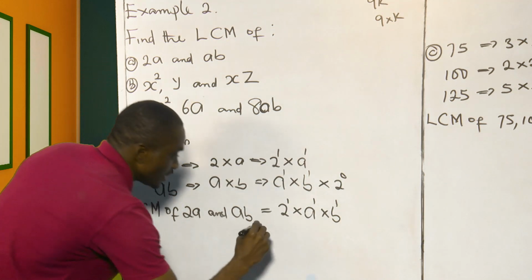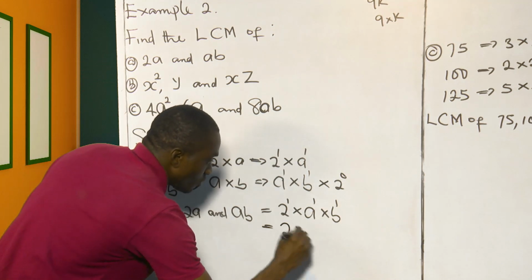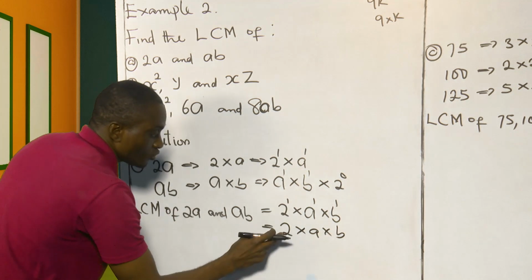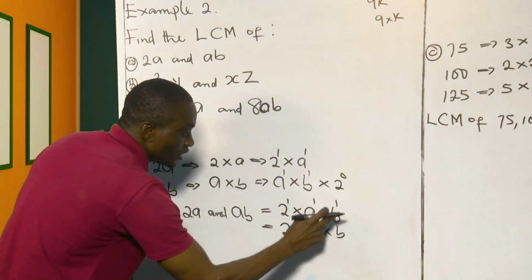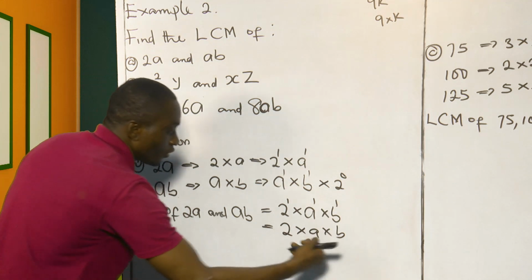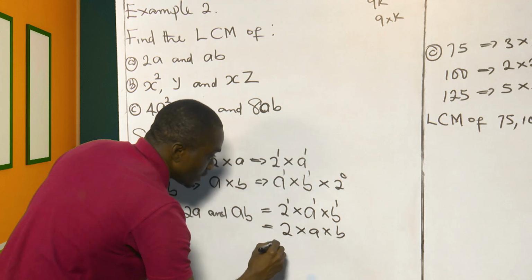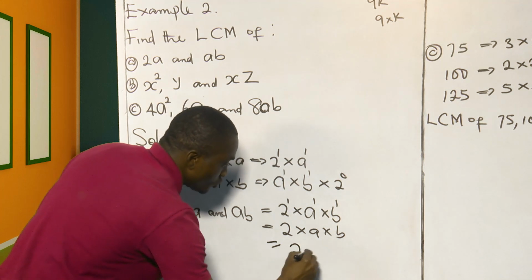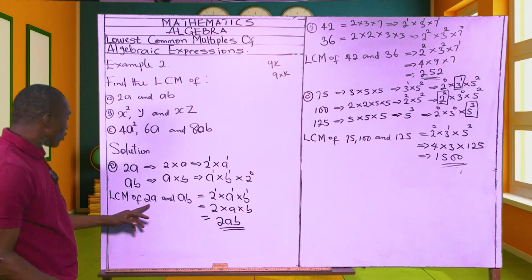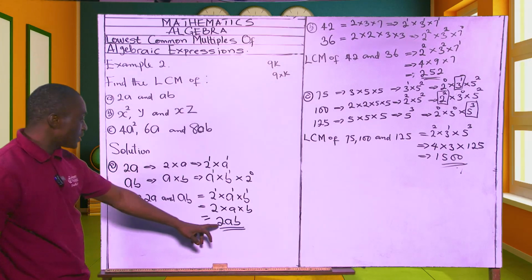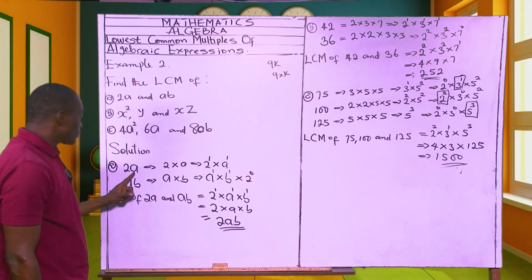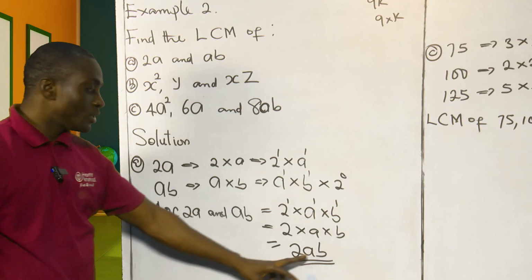So this means 2 multiplied by A multiplied by B. 2 raised to power 1 is 2, A raised to power 1 is A, B raised to power 1 is B. So the product of 2, A and B is 2AB. So the LCM of 2A and AB is 2AB. That is all.